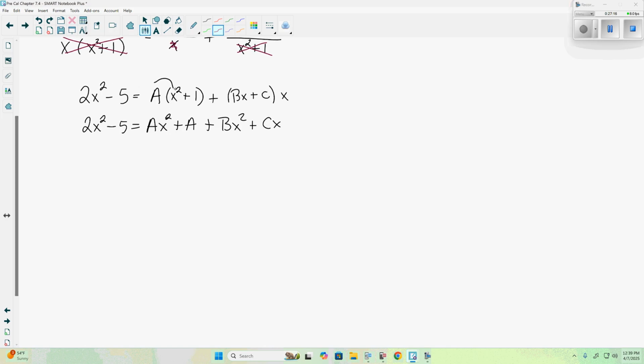Distribute through. Now we could rearrange it. We don't necessarily have to, because my 2x squared is going to be the combination of ax squared and bx squared, yes? Really, we're looking at the numbers. We're just saying 2 should equal a plus b.